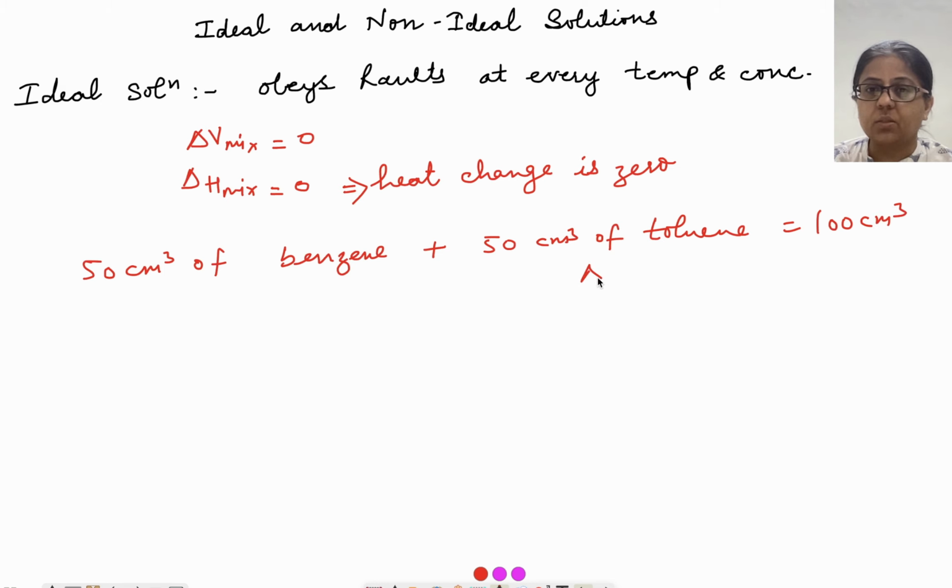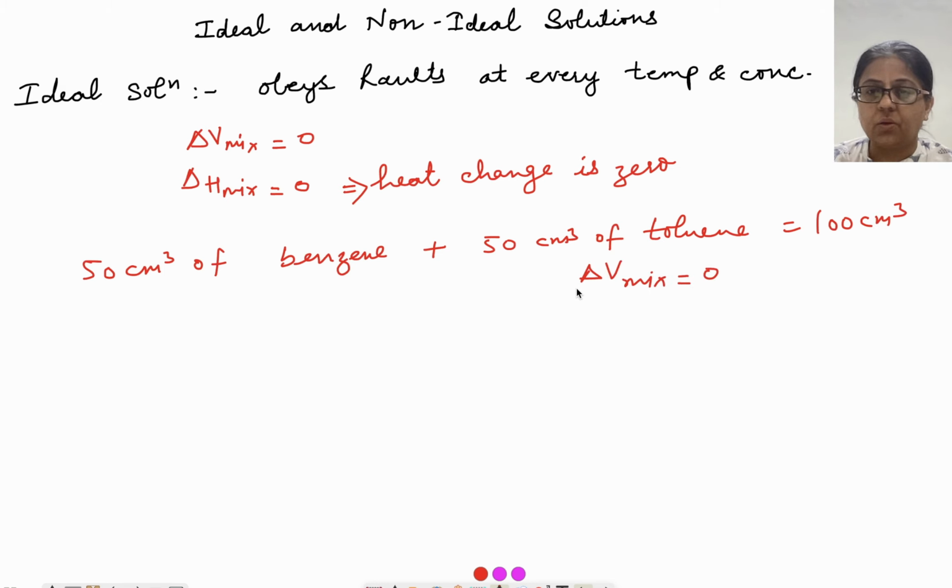So the delta V after mixing will be equal to 0. This means the solution is behaving according to Raoult's law, and it is called an ideal solution, and there will be no change in heat energy. This means there will be neither an endothermic nor an exothermic reaction in case of an ideal solution, because delta H mixing is equal to 0.